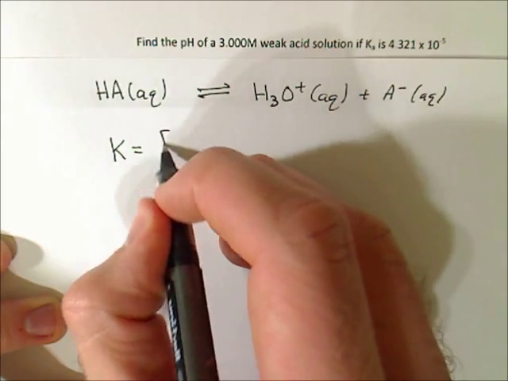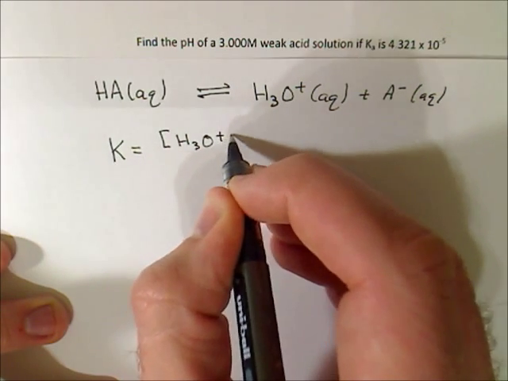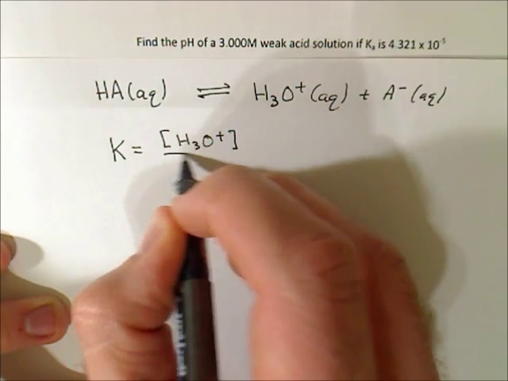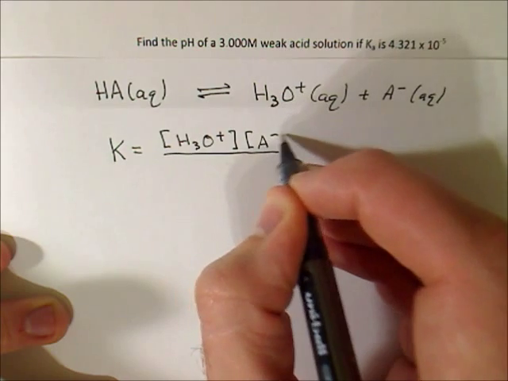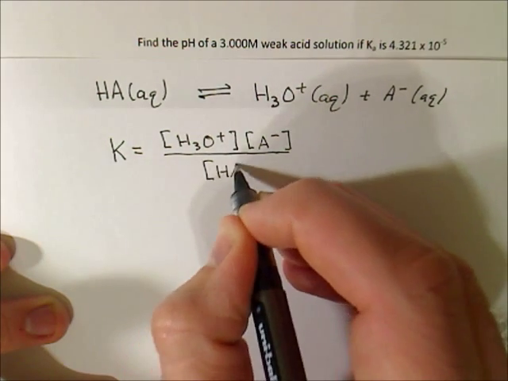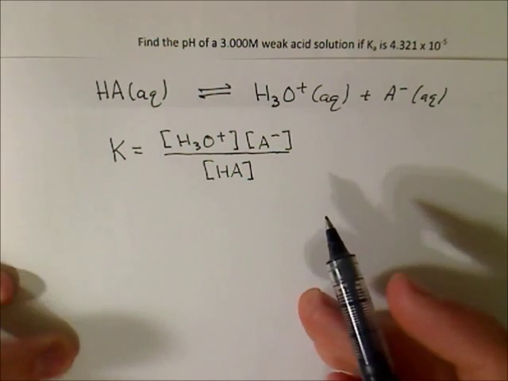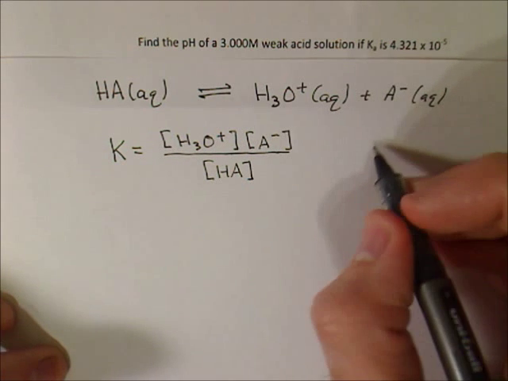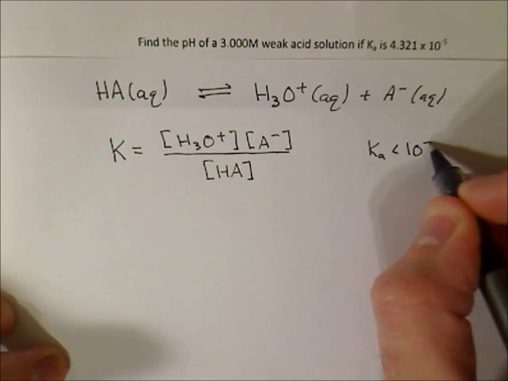We use the same principles we learned earlier. So that's that. And in this case, our Ka is less than 10 to the negative fourth.